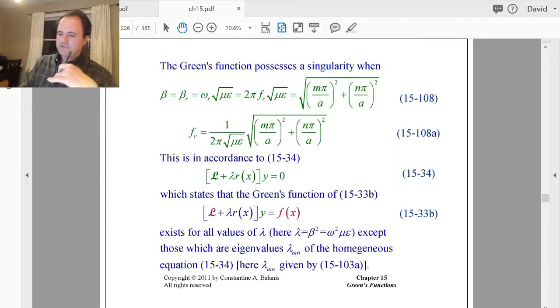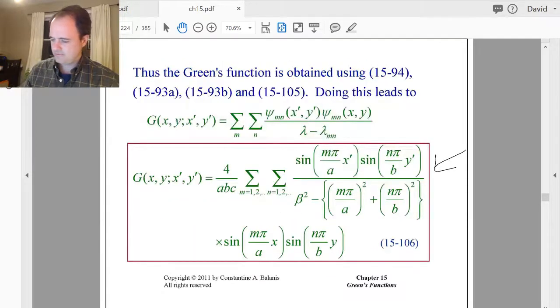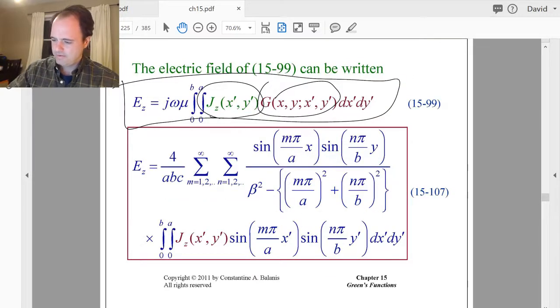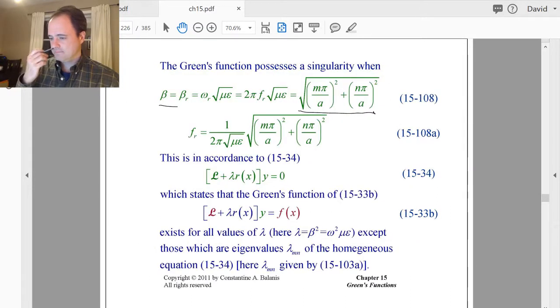So this is sort of interesting. Obviously, the Green's function possesses a singularity when beta is equal to this right here. So going back to that form, when beta is equal to the square root of this, or when beta squared is equal to this, what that gives you is a resonance.